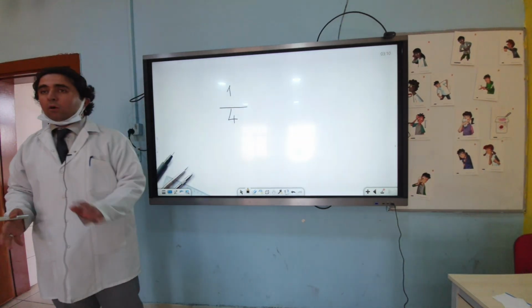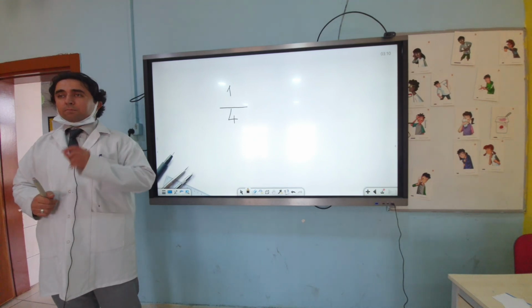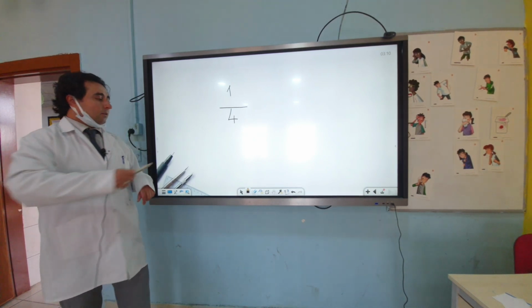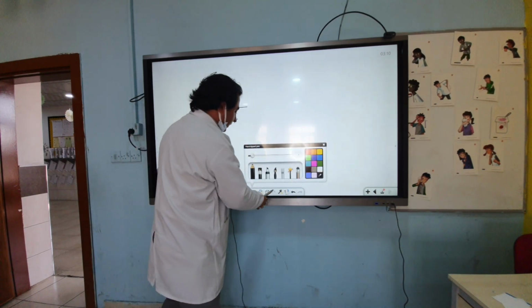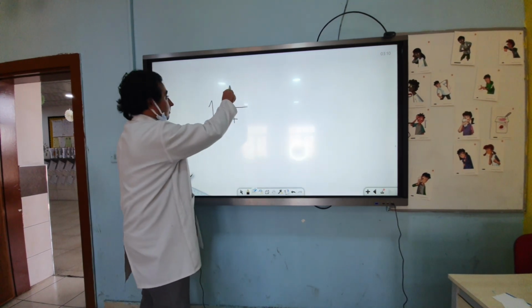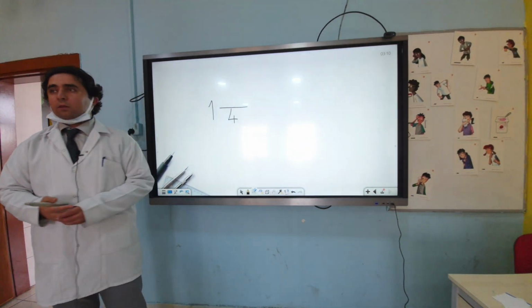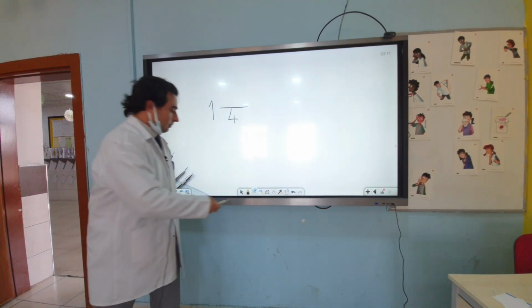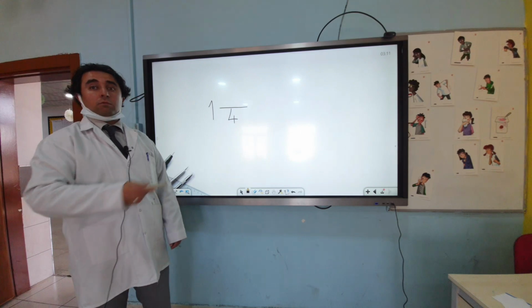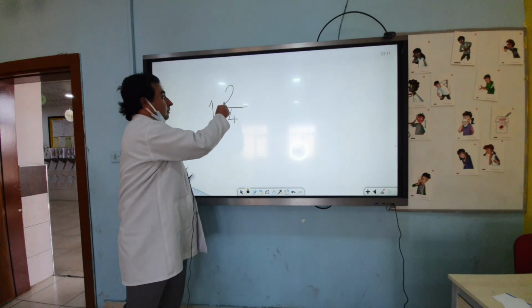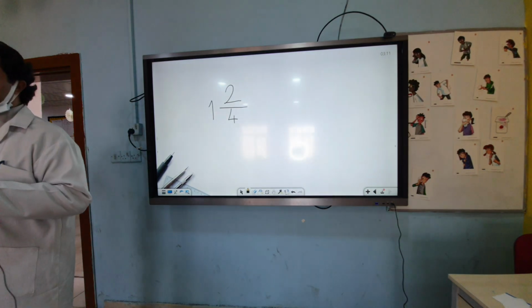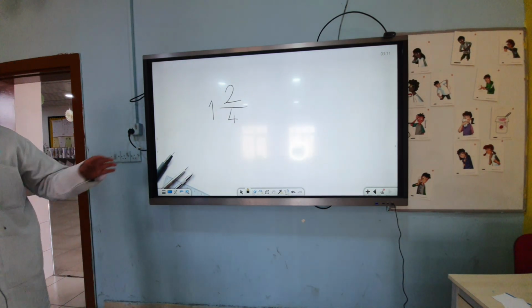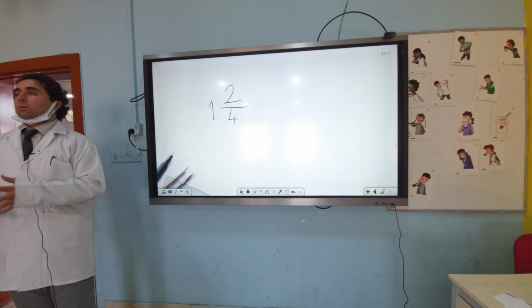Instead of 2 wholes, we are going to say one whole. At that time, we are going to change the numerator. Let's make it 2. Then, please, may you show on your desk with your pair 1 whole, 2/4.